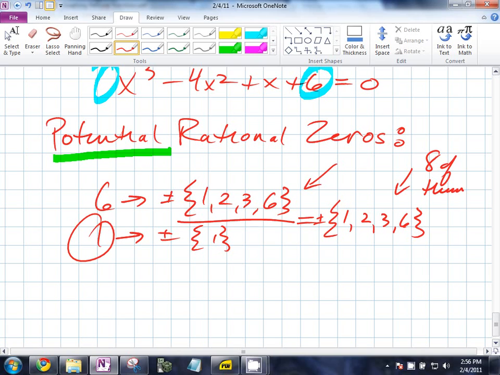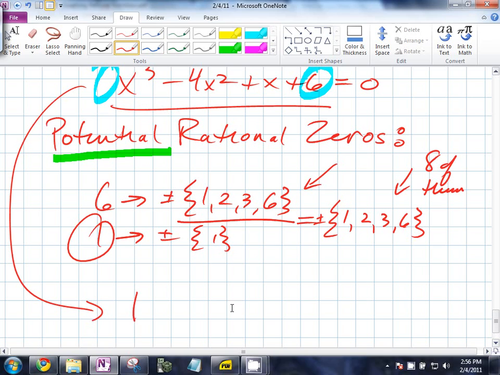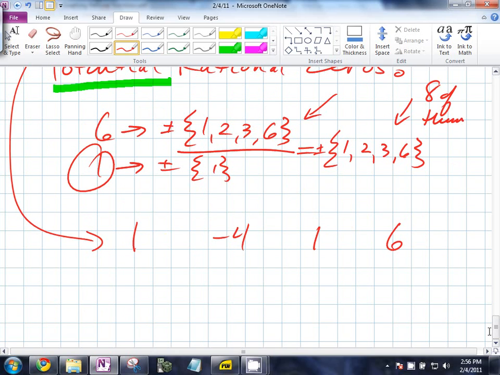What are the coefficients of this polynomial? 1, -4, 1, and 6. If you misplace one negative sign on this, it blows up. Let's pick a number we want to test. In the video I told you what numbers you should start with? Small and positive. So let's test 1.